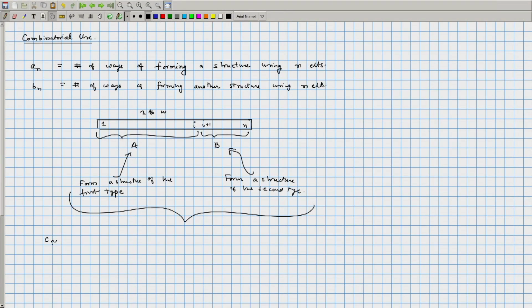The total number of ways of doing this is what we denote by Cn, and what we know is that the generating function of Cn, which we denote by C(x), is going to be equal to A(x) times B(x). So this is the combinatorial use of whatever we had learnt about generating functions earlier.